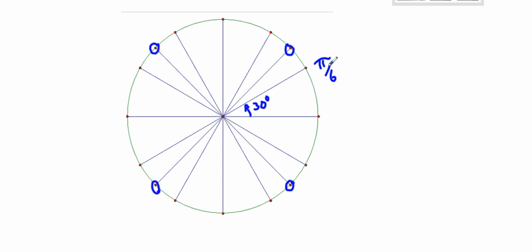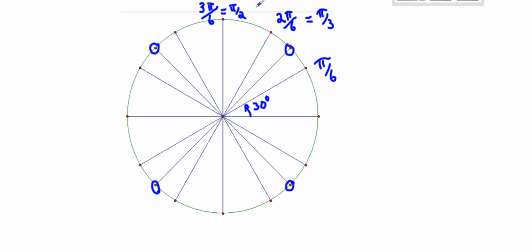So again, counting using multiples of pi over 6, I have 1 pi over 6. This becomes 2 pi over 6. And when I reduce 2 pi over 6 down, it becomes pi over 3. That gives me my 60-degree angle in quadrant 1. Okay, the next point will be 3 pi over 6, and that reduces down to pi over 2.